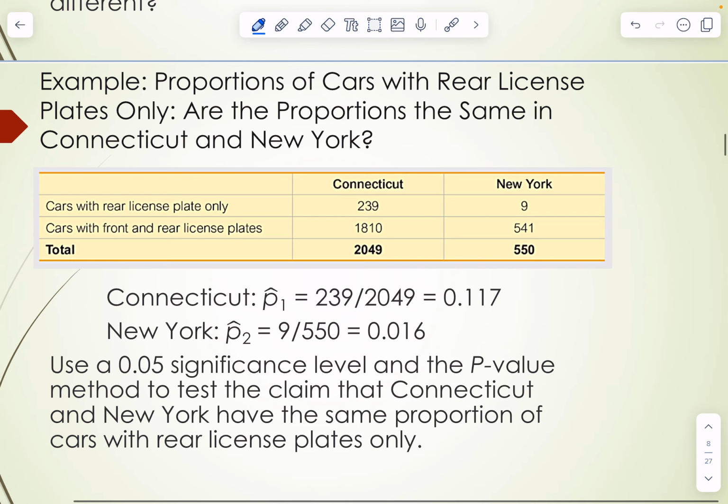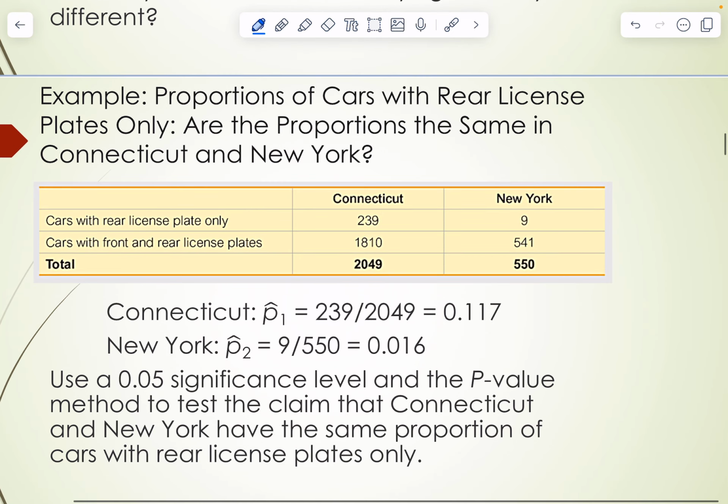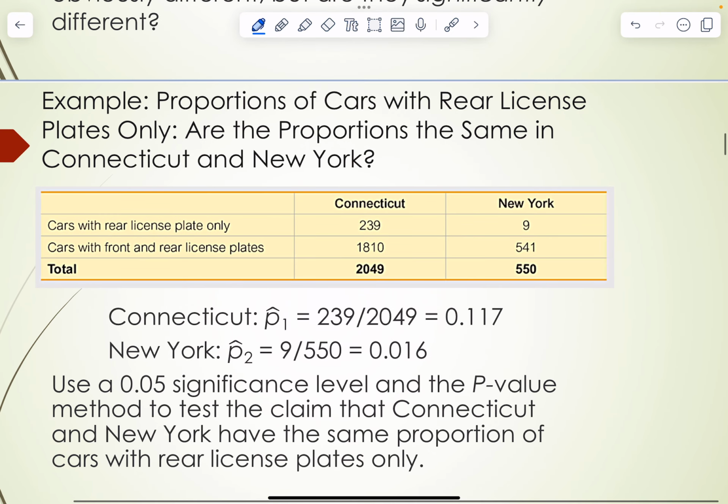Okay, so continuing with this example, here's the data that has been found. Let's identify this data before we answer. We're talking about number of rear license plates. This right here is going to be X1. This will be X2. This will be N1.